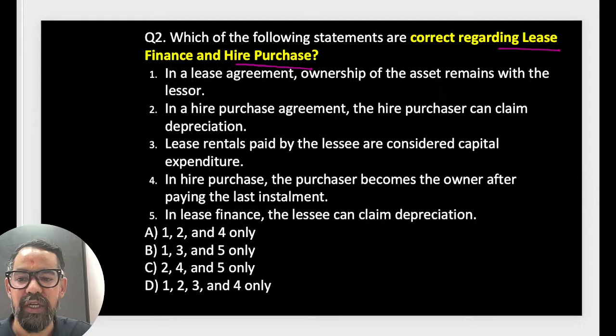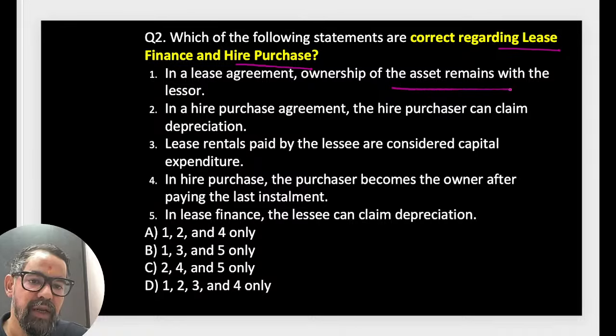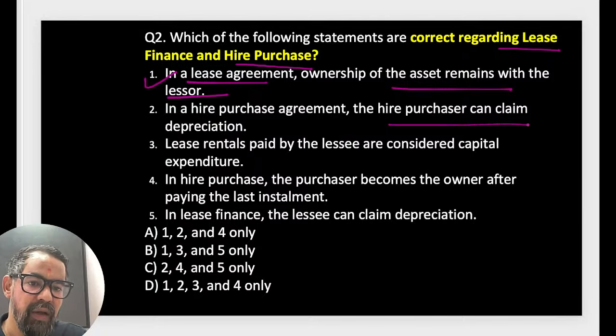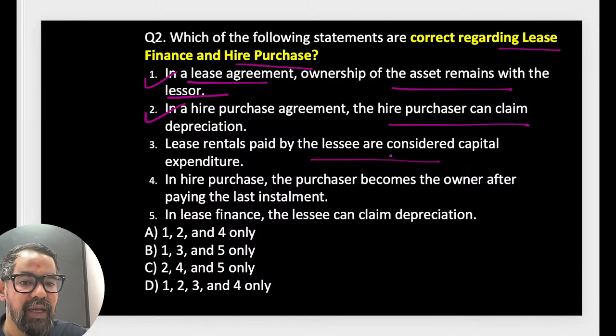Next question guys. What will be your correct answer? In a lease agreement, ownership of an asset remains with the lessor. 100% true. Second statement, in a hire purchase agreement, the hire purchaser can claim depreciation. This is also true. Lease rentals paid by the lessee are considered revenue expenditure, not capital expenditure.